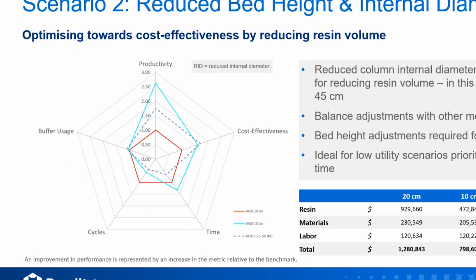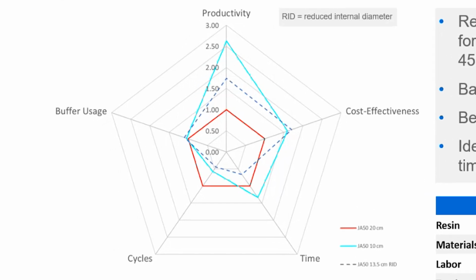So you can see that there's obviously benefits in productivity, not as much as the 10 centimeter column, some slight benefits in buffer consumption, and a slight improvement on the 10 centimeter bed height for cost effectiveness, but there are some drawbacks as well. So the reduction, so going inside of the red line, represents a reduction in performance in the context of processing time and cycle number.